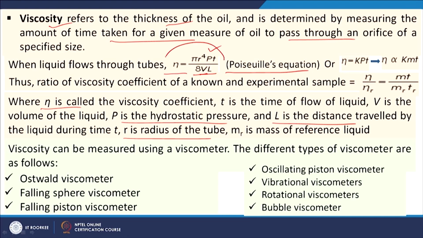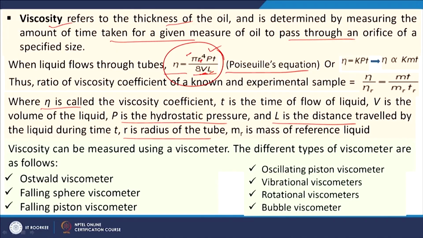In this formula, pi and the radius of the tube are fixed, v, the volume of liquid we collect, can also be targeted and fixed, and L, the distance travelled by the fluid, is also fixed for the system.